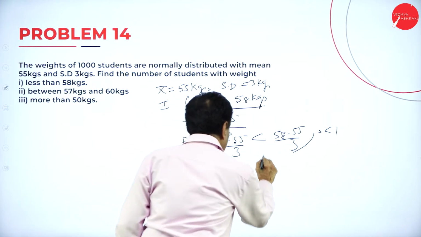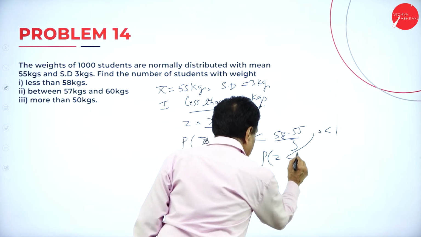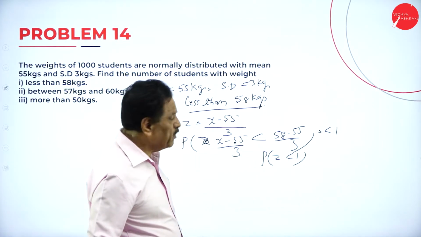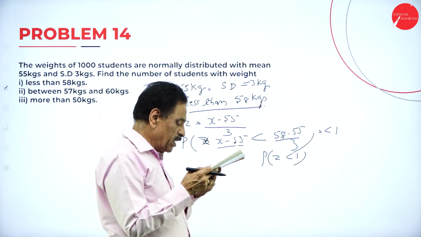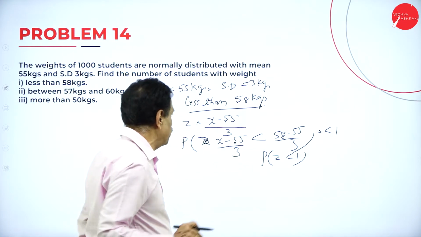We can write P, Z less than 1. What's the value of 1? You already see that the value of 1 is 0.3413.